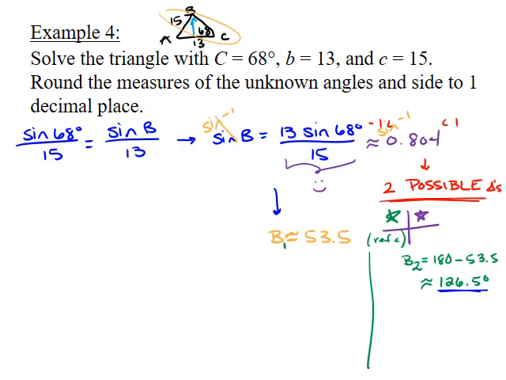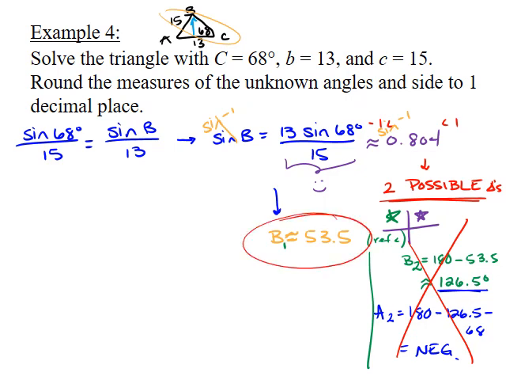So, to find out if angle C2 even exists, I'll take 180 minus 126.5 minus 68. This gives me a negative value. I cannot have a negative angle, so I can eliminate the obtuse triangle. And that means there is only one triangle in this case.